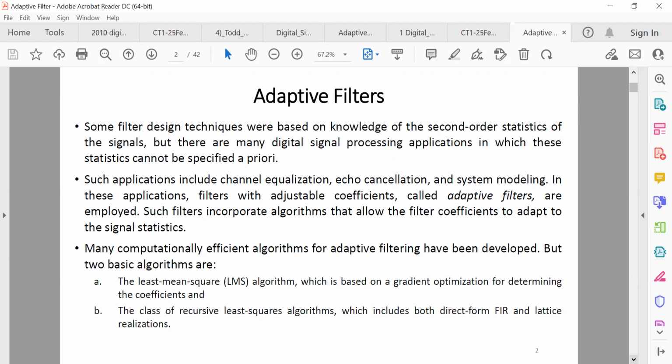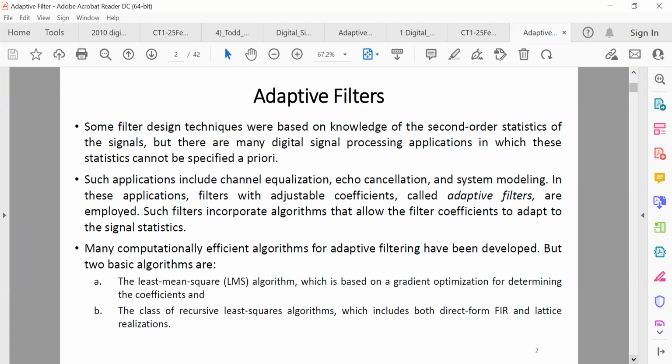But in certain applications, like channel equalization, echo cancellation, and system modeling, you do not have prior filter coefficients, and you need to adjust the filter coefficients with time, with the type of signal contents, and so on.